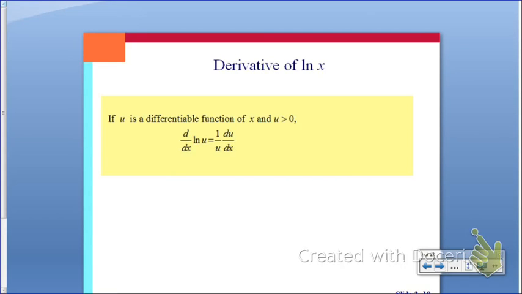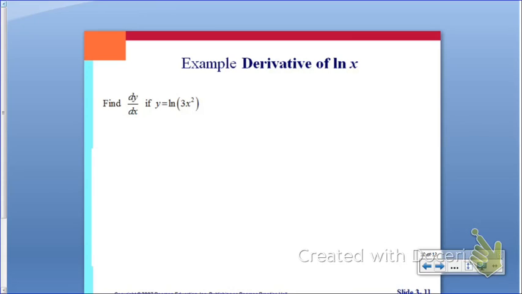Our next one is the natural log function. Derivative of natural log of x is 1 over x. Derivative of natural log of u is 1 over u du dx. U could be anything. So let's say u is 3x squared.